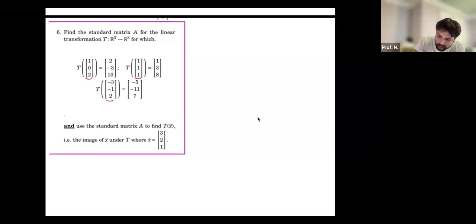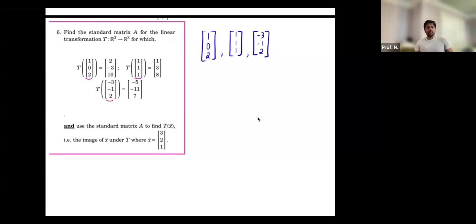So I know I have 1, 0, 2. I know I have the vector 1, 1, 1. And I know I have the vector -3, -1, 2. Now, what should I check about these three vectors? They all come from R3, right?